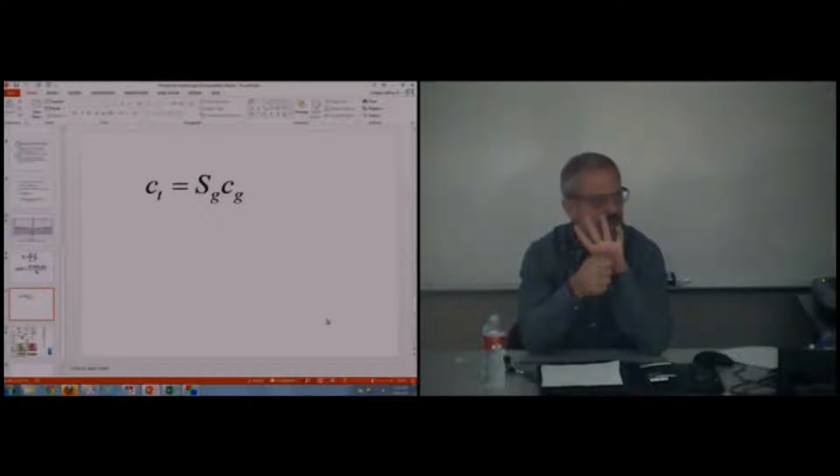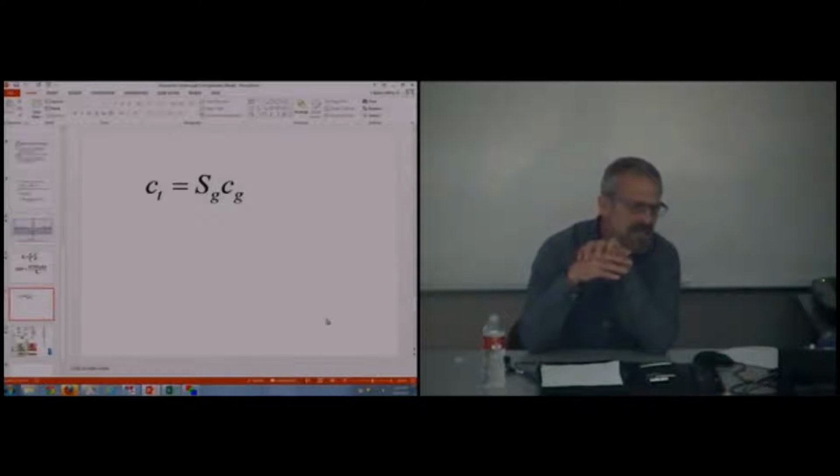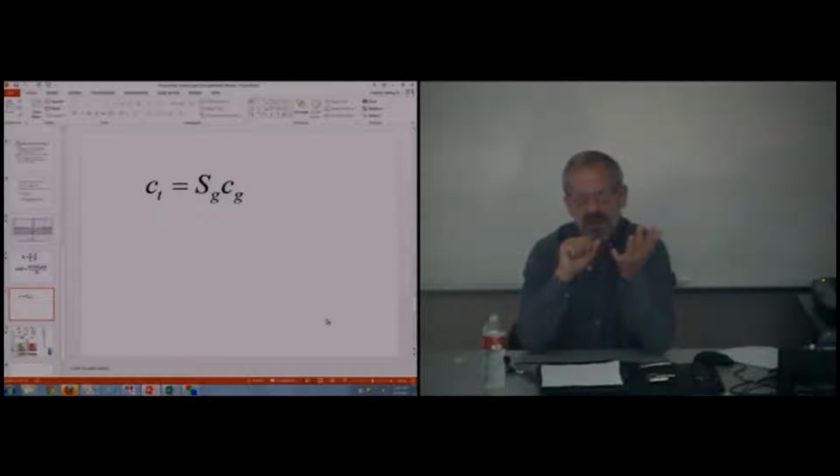So it's something that we can calculate using our software at any point in time. By and large, the gas compressibility is much larger than the other compressibilities involved, typically water and formation. So it's usually an order of magnitude higher than those other compressibilities.